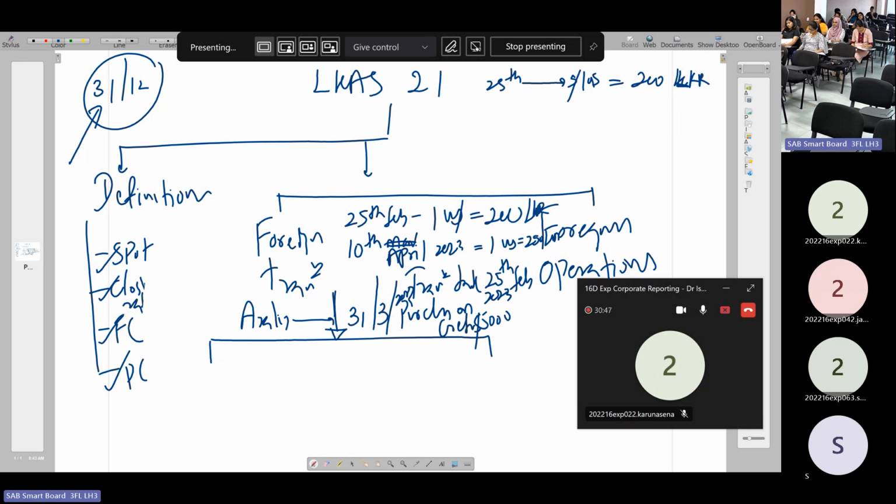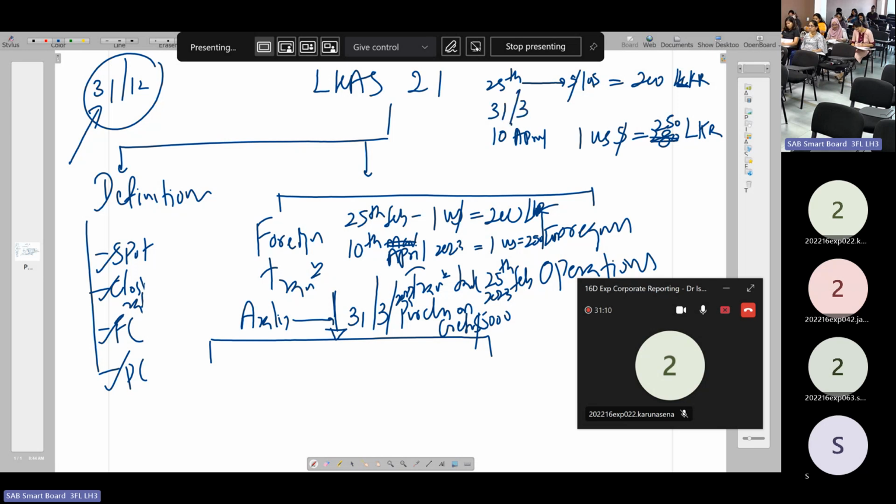Right? Then on 10th of April, $1 US equals 250 LKR. Then you should be given another one, 31st March.